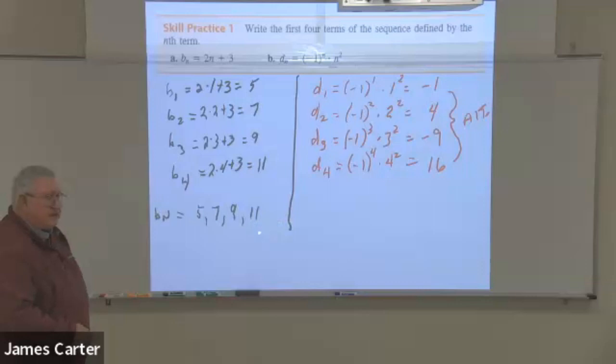This appears to be that sequence that I described to you right at the beginning, doesn't it? The set of odd numbers.